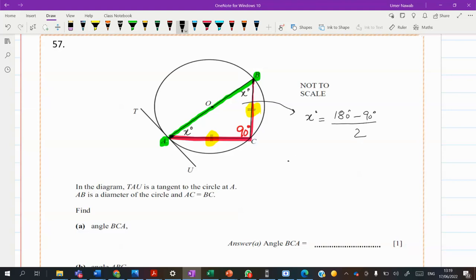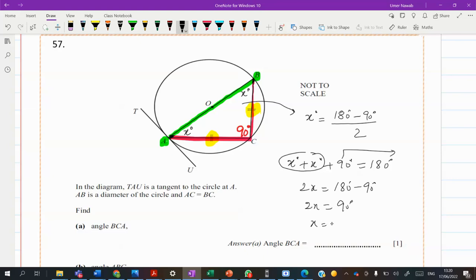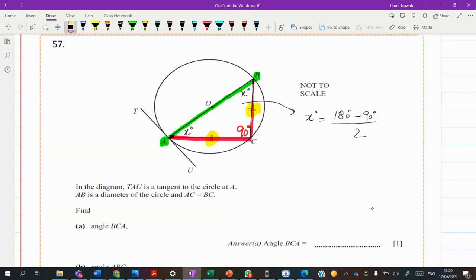I can also find it like this: X plus X plus 90 is equal to 180, and then send the 90 to the other side, and X plus X is what? 2X. 180 minus 90, and 2X is equal to 90, and then divided by 2. Okay, it's pretty simple. I'm erasing it. It's not required. The student knows the concept of applying this rule. So the answer comes to me 45 degrees.